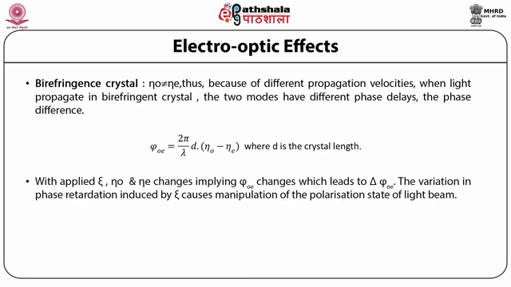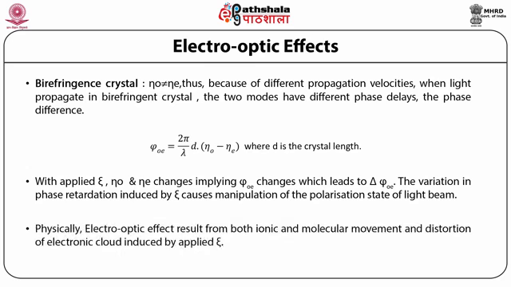So with applied zeta, eta O and eta E change, implying phi OE changes, which leads to delta phi OE. So the variation in phase retardation induced by zeta causes manipulation of the polarization state of the light beam.